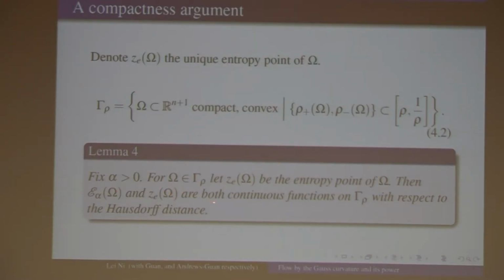And then the statement is that both the entropy and also the entropy point depend continuously on the bodies. There are continuity properties. Okay. So if two bodies are close enough, then the entropies are very close and the entropy points are very close.